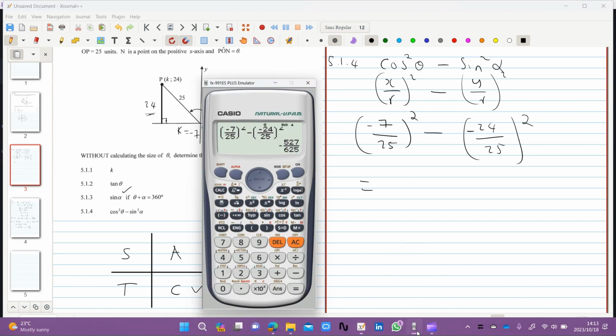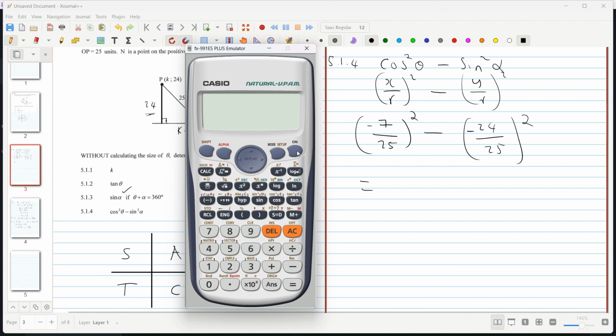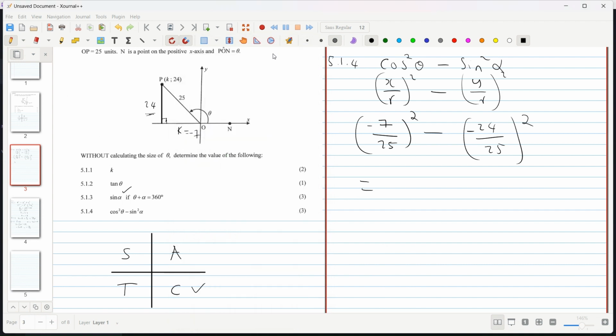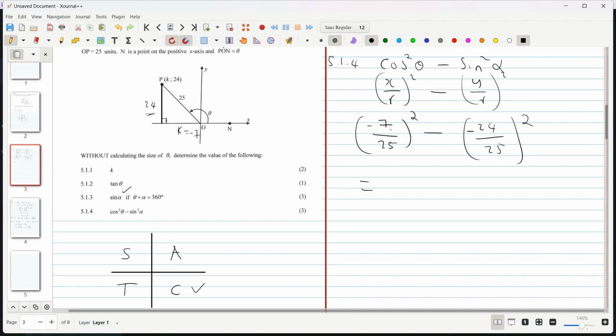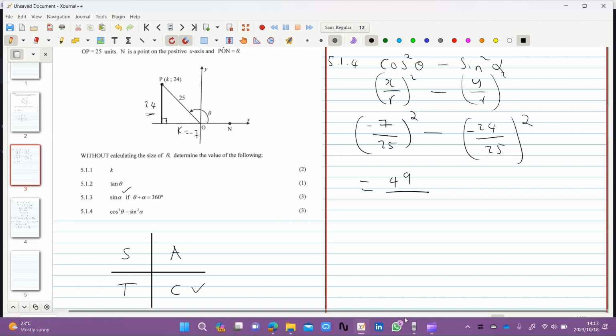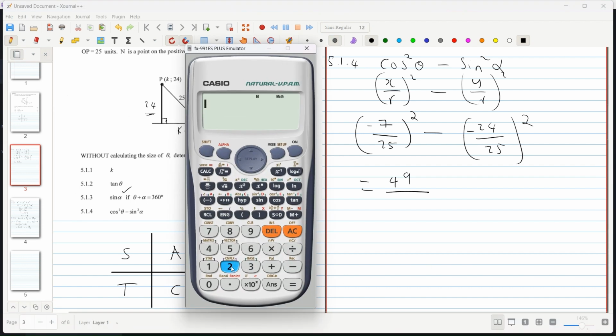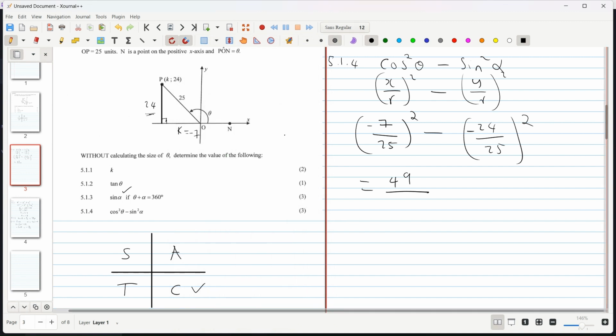So if you square 7, you get 49. And if you square 25, you get 625. You need to show all your calculations.